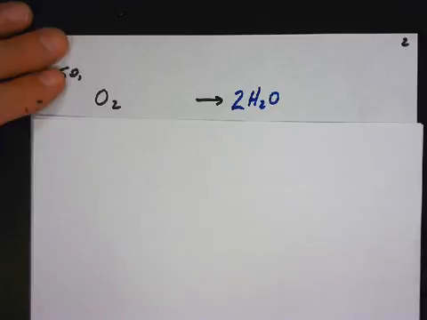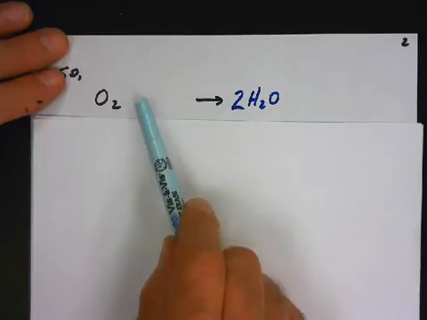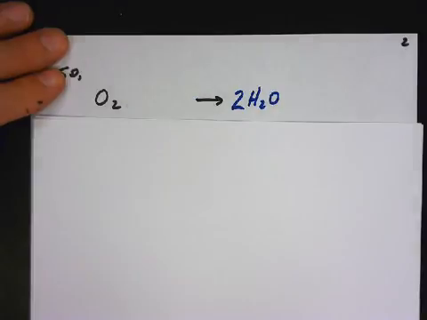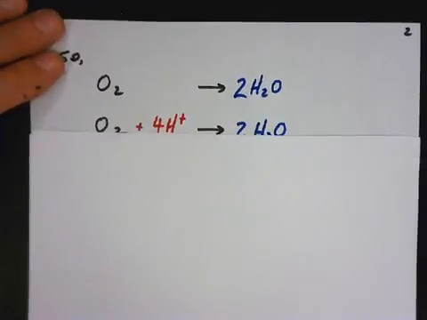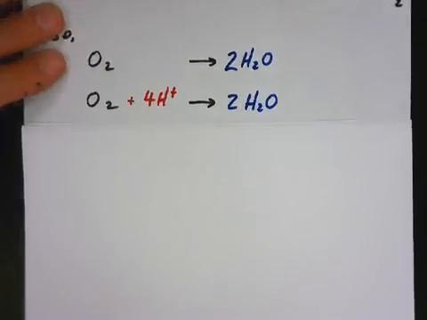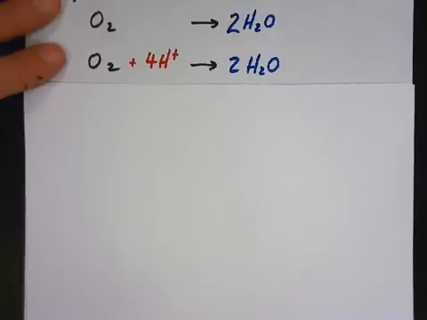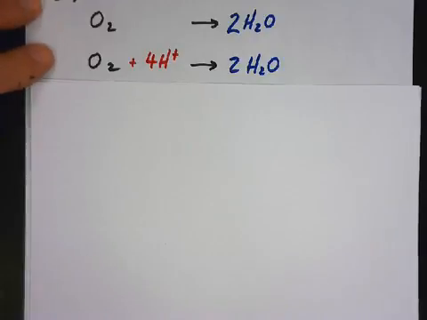So that must mean that I need to put some hydrogens, H+, on the left-hand side, on the reactant side of this half reaction. See? So now our elements, our O's and H's, are all balanced in the reduction half reaction.